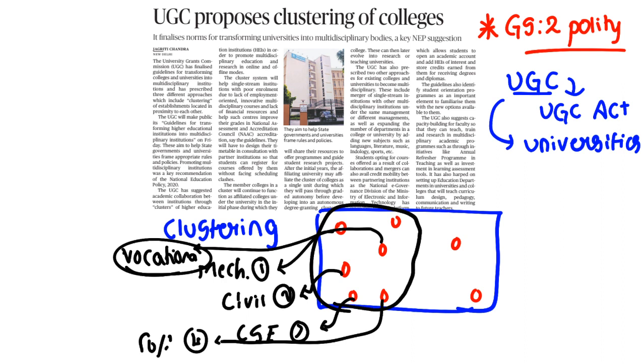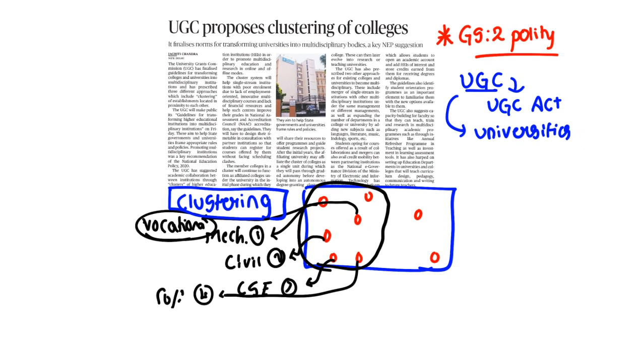So to get proper jobs they have to go for additional coaching and everything. So to clear all these things, UGC has proposed the clustering approach. Under this, the UGC will ask all these colleges to form as a multidisciplinary institution. Clear? Are you getting?